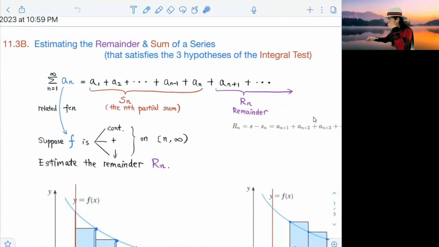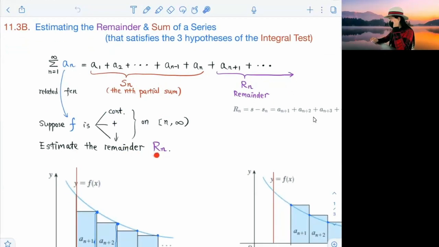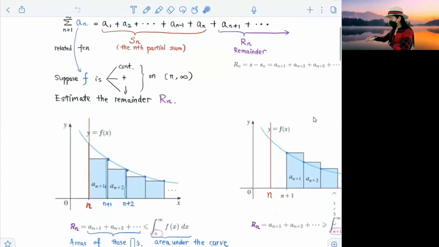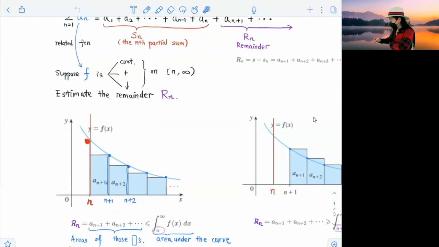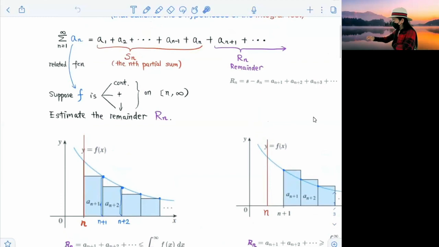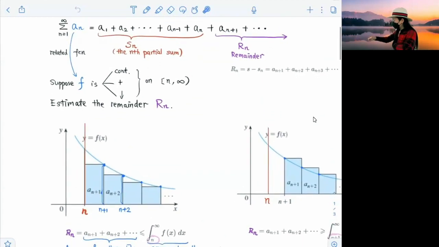So if the relating function satisfies these three, we try to estimate the remainder Rn. We want to see how big this remainder could be. Again, we're going to do a similar trick as before. Remember the function is decreasing, so it goes down like this. We start from n, because we're looking at the remainder.